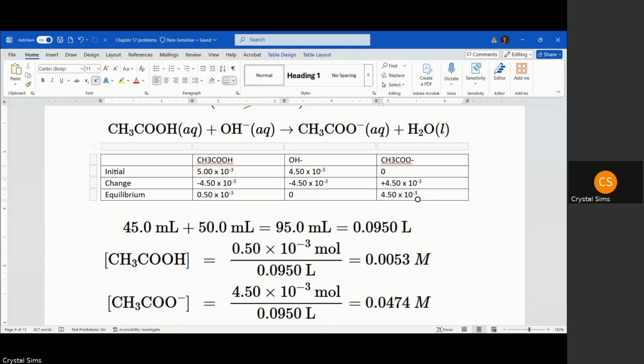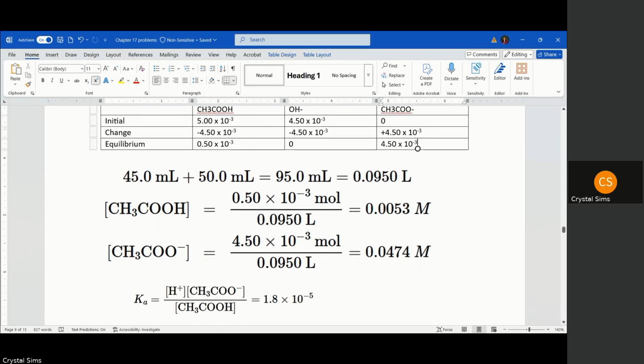So now we have our molarities, but we're not finished yet. We've got to get to pH. In order to get to pH here, we're going to have to set up our equilibrium constant expression.